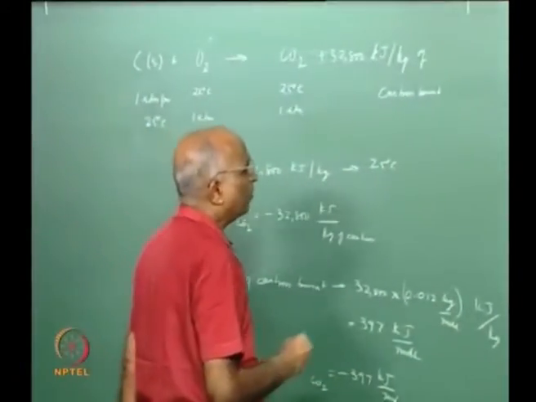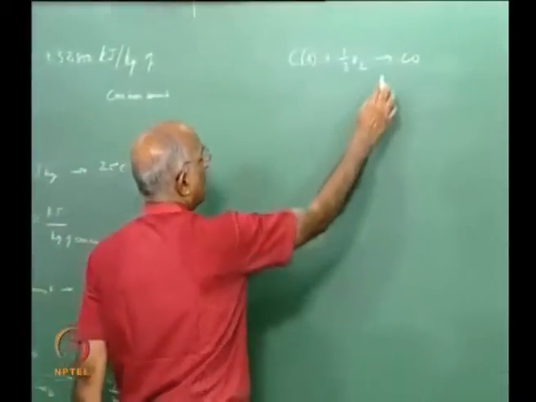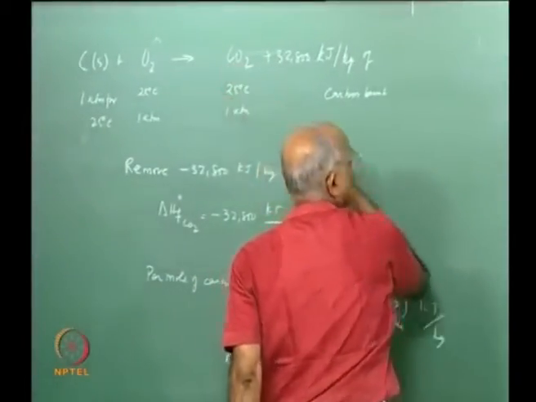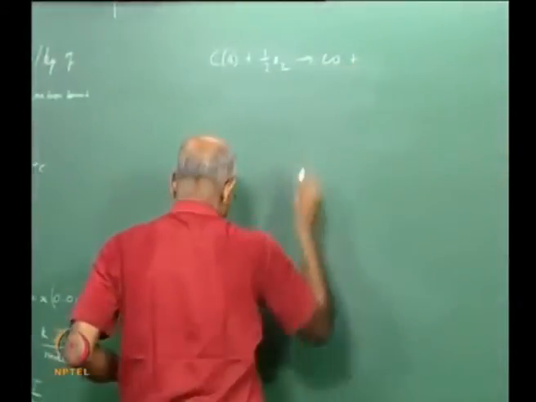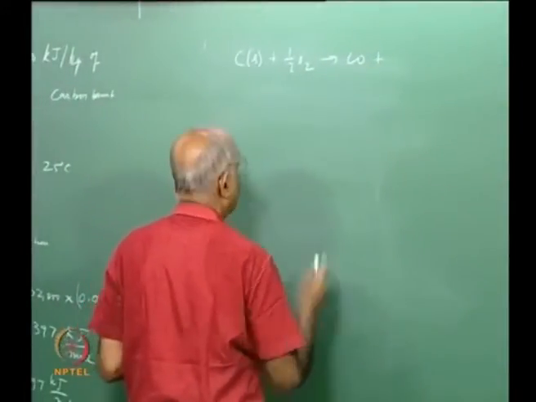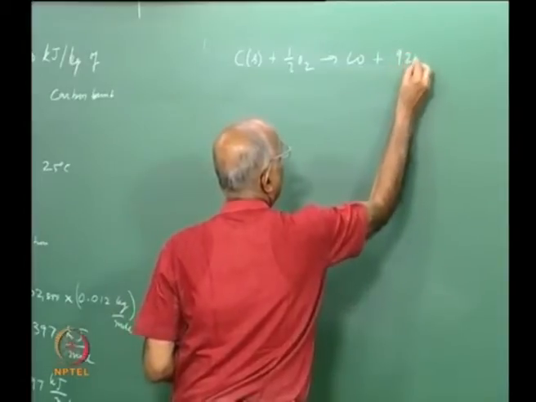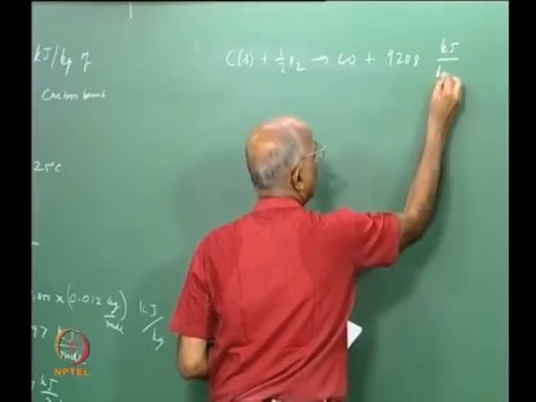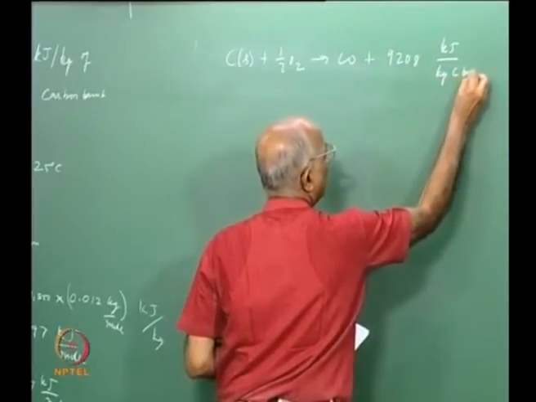Now what is going to happen? Well, I have carbon monoxide here, not carbon dioxide, so it is not fully oxidized. The heat which I get over here is something like 9208 kilojoules per kilogram of carbon burned.